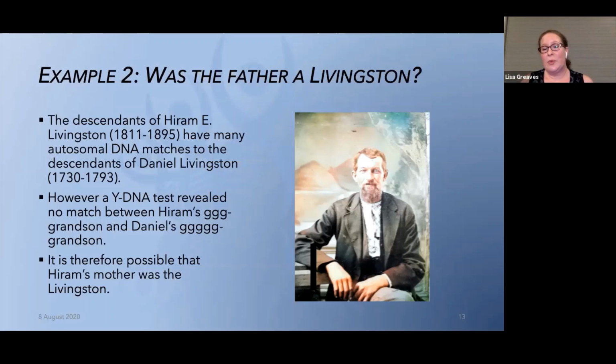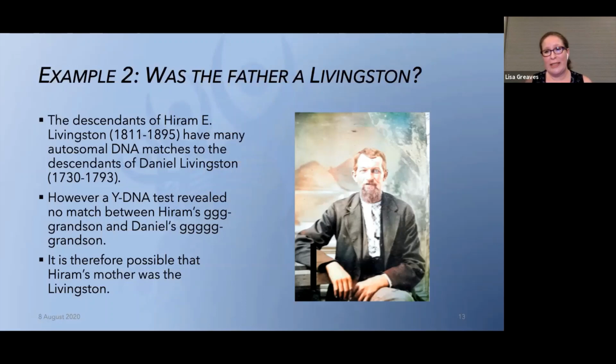But I think Hiram was illegitimate. And the way I figured that out was I asked my cousin to take the Y-DNA test for me. And we didn't match to any Livingston surname project. That was not conclusive, by the way, because it's not unusual to take a Y-DNA test and not match to anyone.